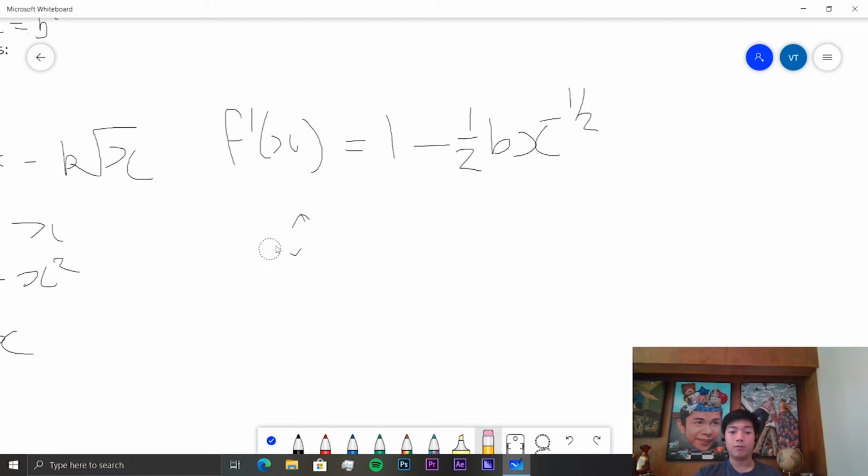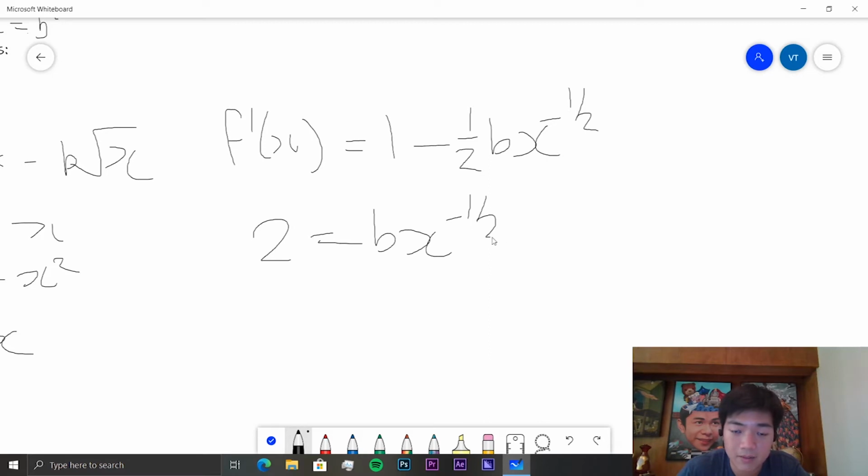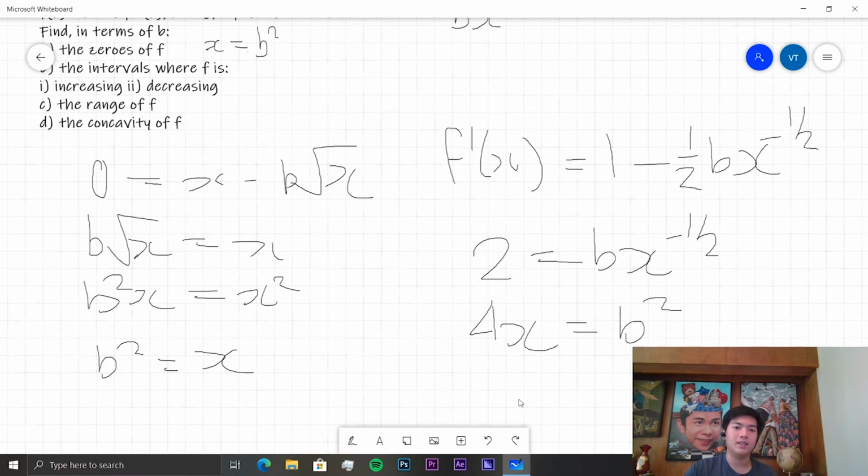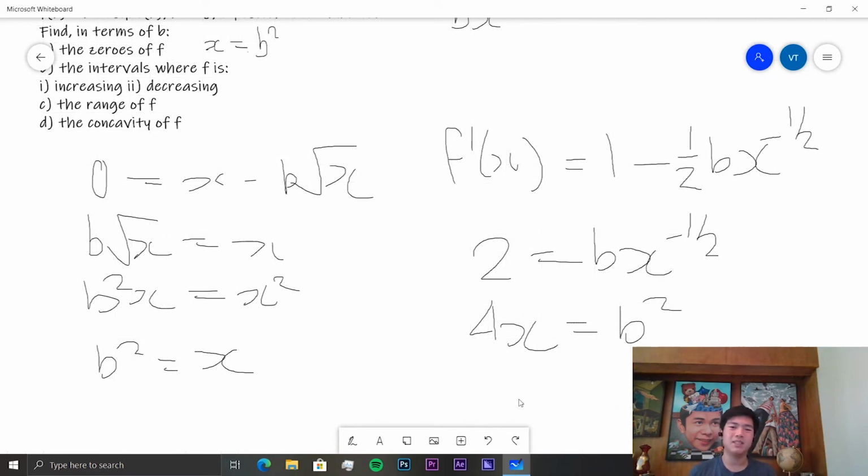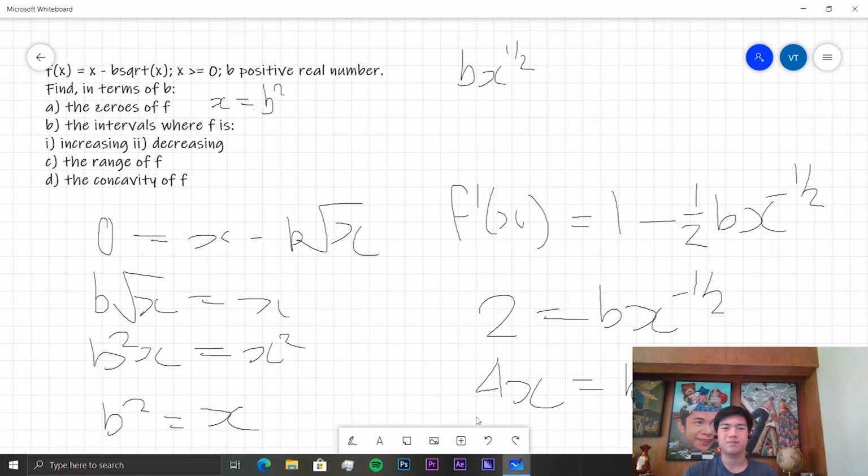So we have 1 is equal to 1/2 b x to the negative 1/2. So 2 is equal to b times x to the negative 1/2. So 4x is equal to b squared. These will be the maximums and minimums of this function.